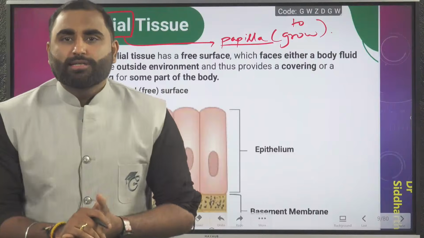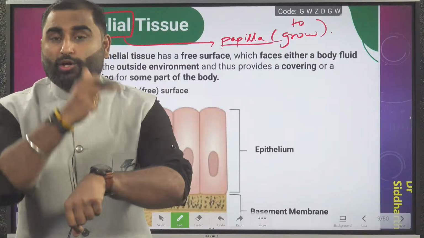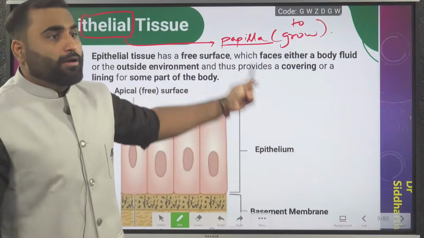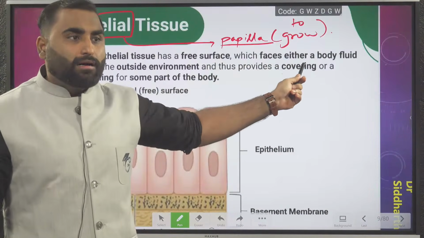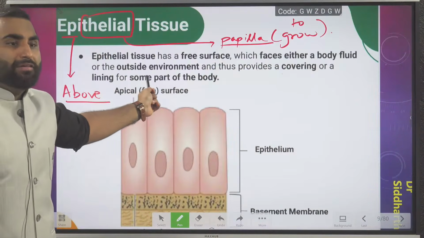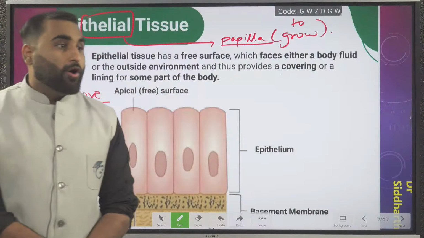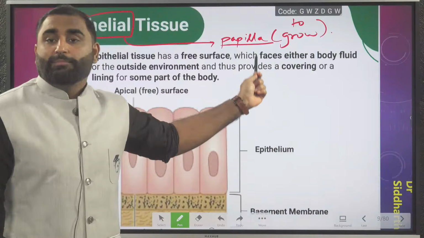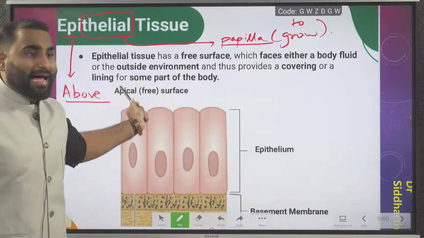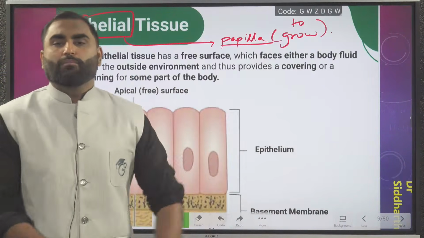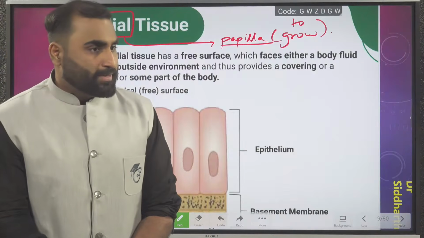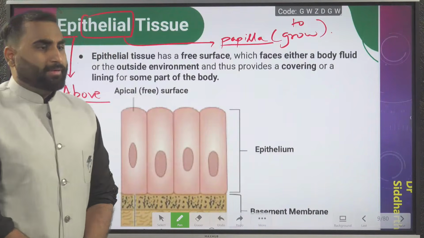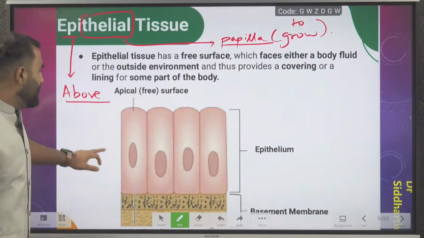It is exposed either to the external environment like your skin, or it is lining the body cavities, which faces either a body fluid or the outside environment. And thus it provides a covering or lining for some part of the body. Are we clear? And always remember that this is your epithelium here.